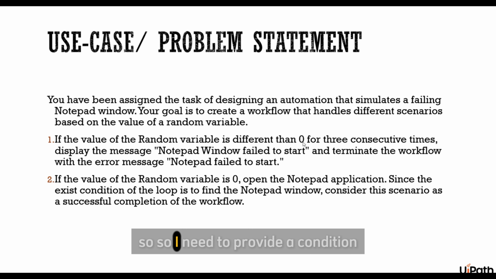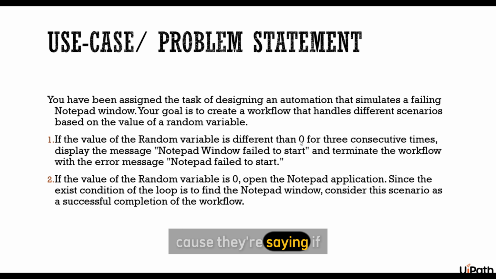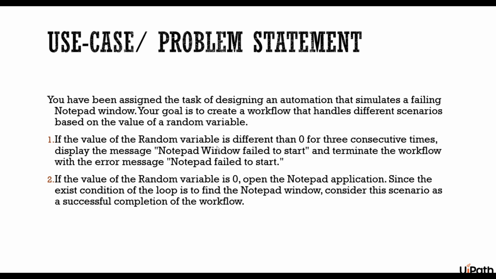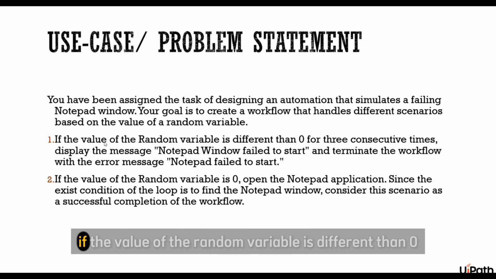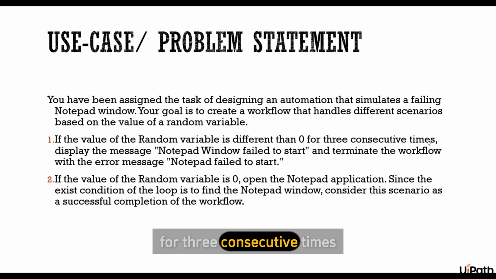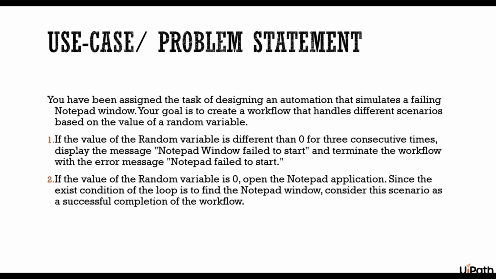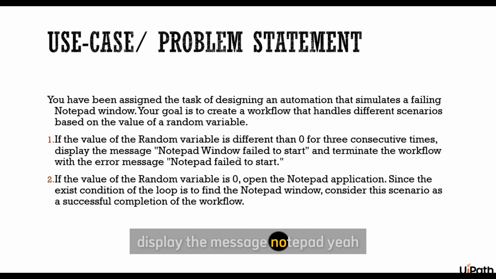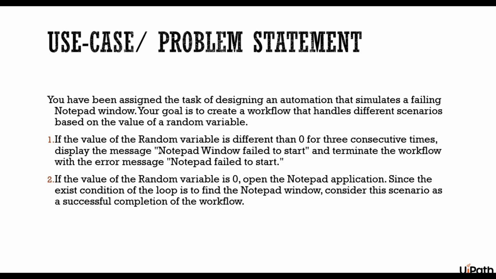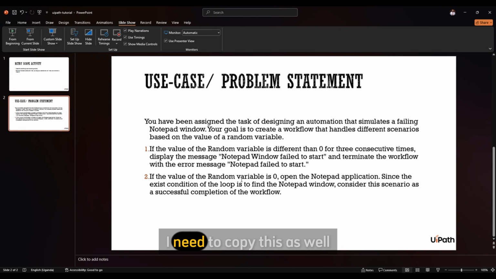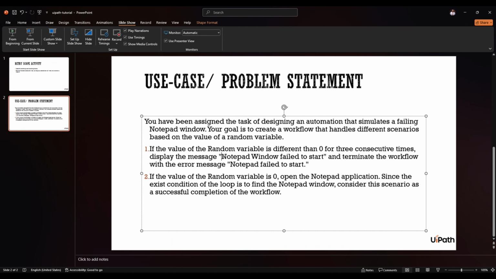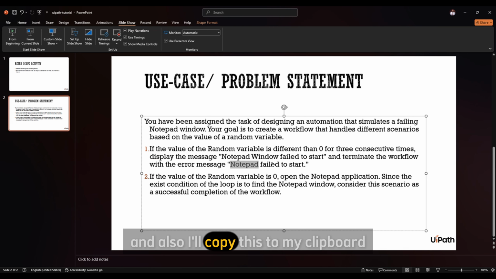I need to provide a condition, because they're saying if the value of the random variable is different than 0 for 3 consecutive times, display the message Notepad. I'll need to copy this as well. Copy this to my clipboard, and also copy this to my clipboard.